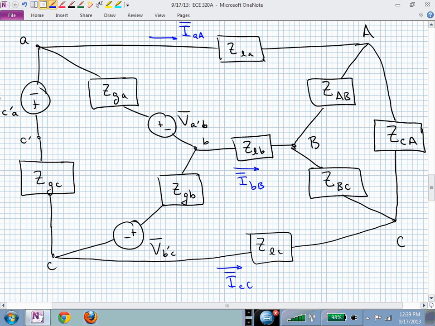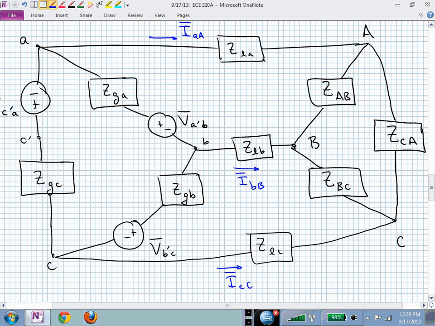Because now your sources would be immediately parallel to the different phase impedances at the load side. You could go from little a to little b directly over to capital A, capital B if those transmission line impedances were 0. That would be an easy problem to solve. It's not that hard to solve here, but it's a little bit involved.